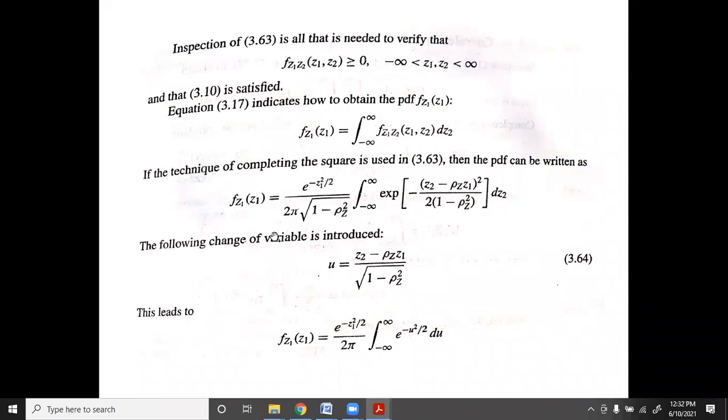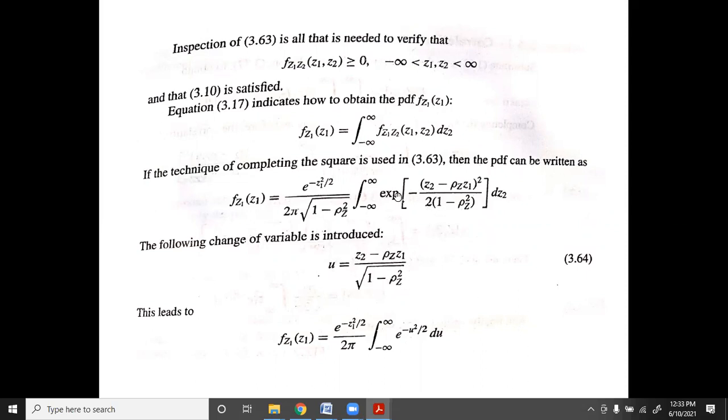Now if we do the change of variables, we can write u squared as this quantity, leaving the 2. Then u will be the root of this quantity, so u is equal to z2 minus rho z z1 by root of 1 minus rho z square.